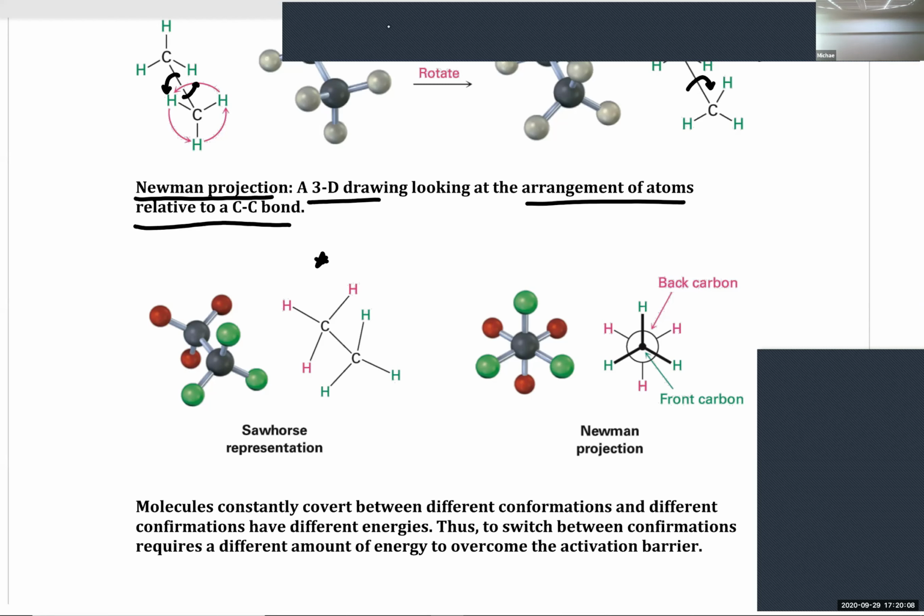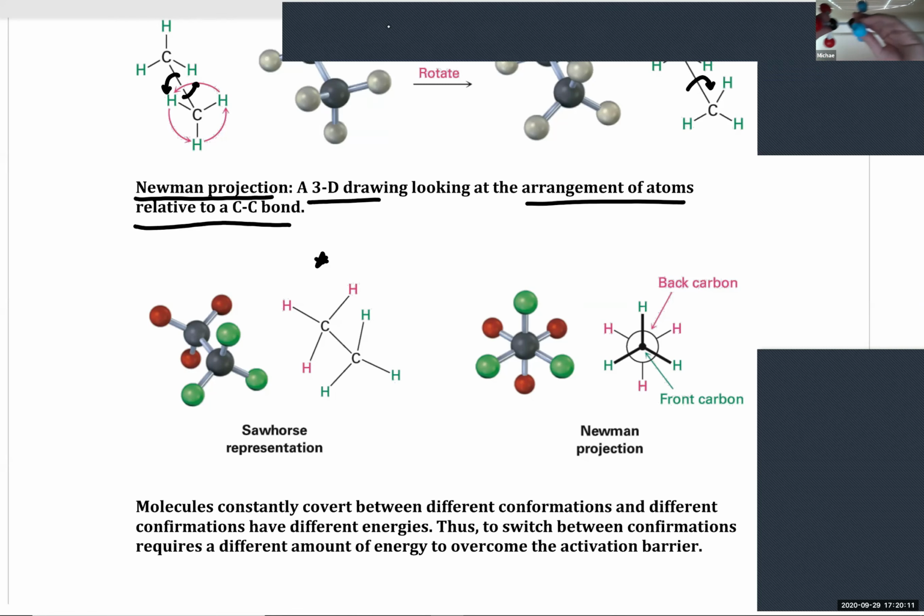Okay, so let's pretend we're looking at a typical molecule. So I have just arbitrarily labeled one set of hydrogens as blue, the other set of hydrogens as red. So now, when we're looking at it from the sawhorse perspective, we're looking at it from a side-on perspective.